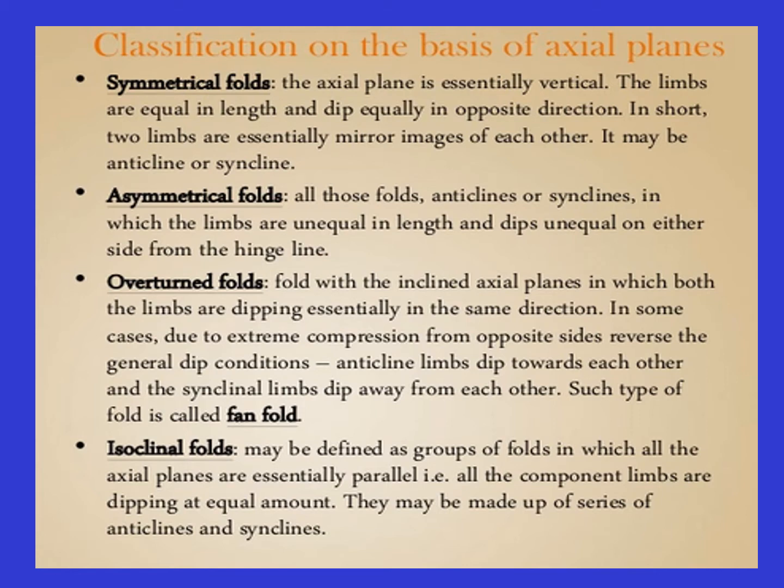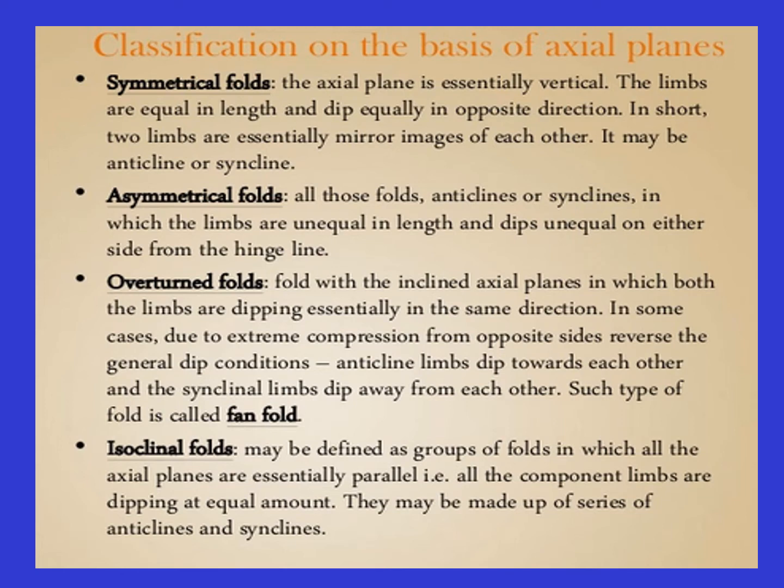Then the overturned folds, folds with inclined axial planes in which both the limbs are dipping essentially in the same direction. In some cases, due to extreme compression from opposite sides, reverse dip conditions occur. Anticlinal limbs dip towards each other and the synclinal limbs dip away from each other.